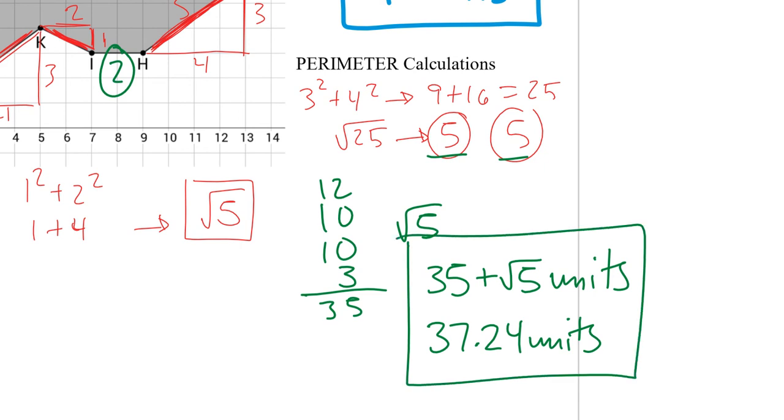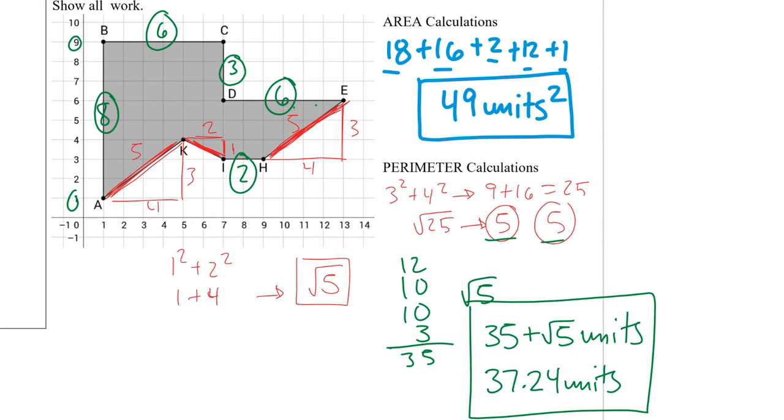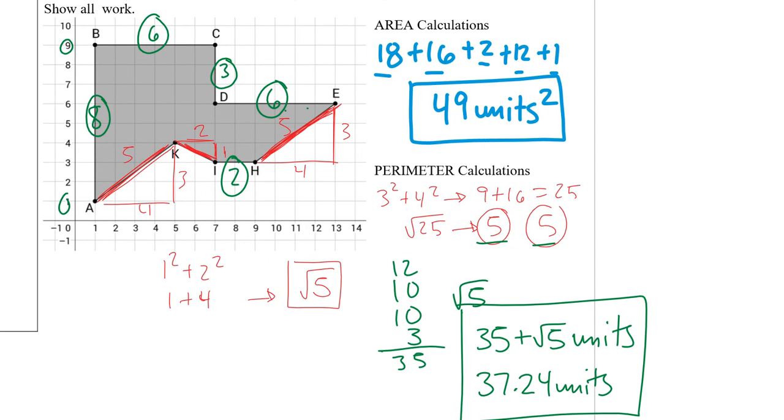Either one of those is an acceptable way to write the perimeter of this polygon. So there it is, everything together: the area is 49 square units and the perimeter is 35 plus root 5 units, or about 37.24.